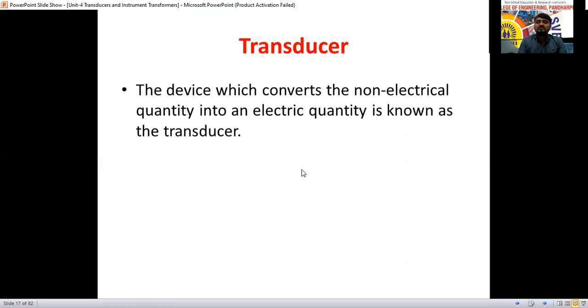So the transducer is a device which converts a non-electrical quantity into an electrical quantity. Non-electrical quantities may be physical or mechanical. Physical is nothing but non-electrical, and mechanical is nothing but non-electrical. So in general, the transducer is a device which converts a non-electrical quantity into an electrical quantity.